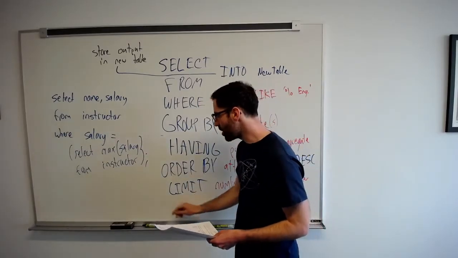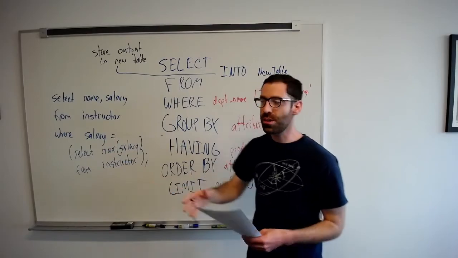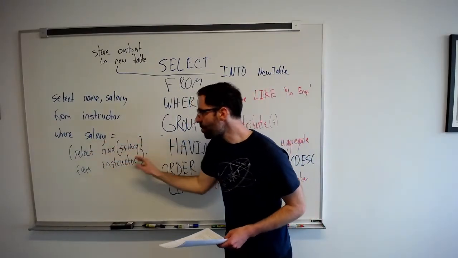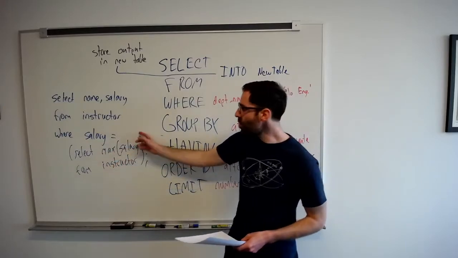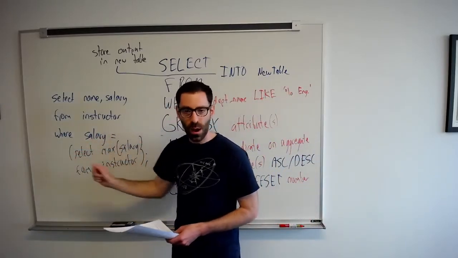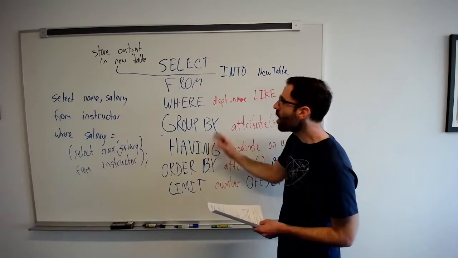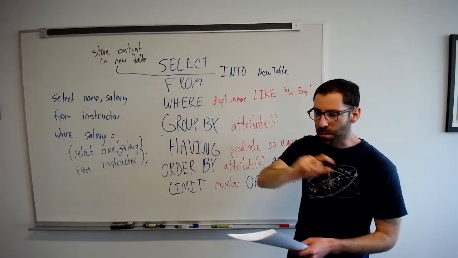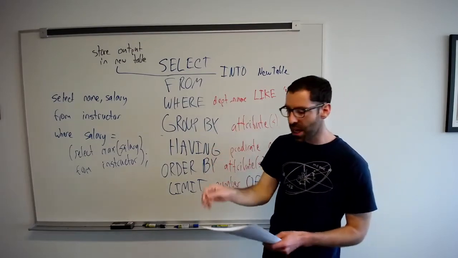There are these nested queries. They can be used like this to compute some value that we want to use as part of a predicate in our where. They can be used to compute some temporary new table.